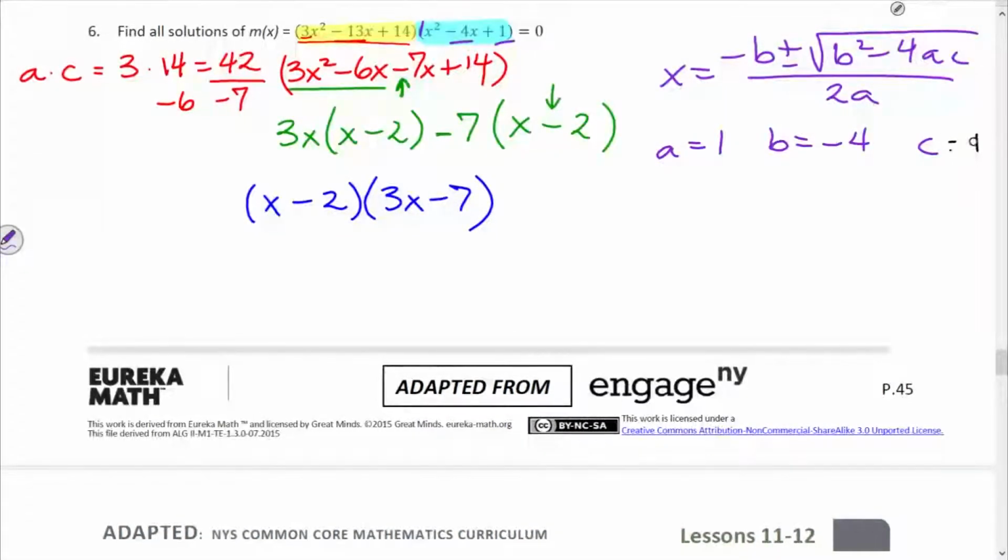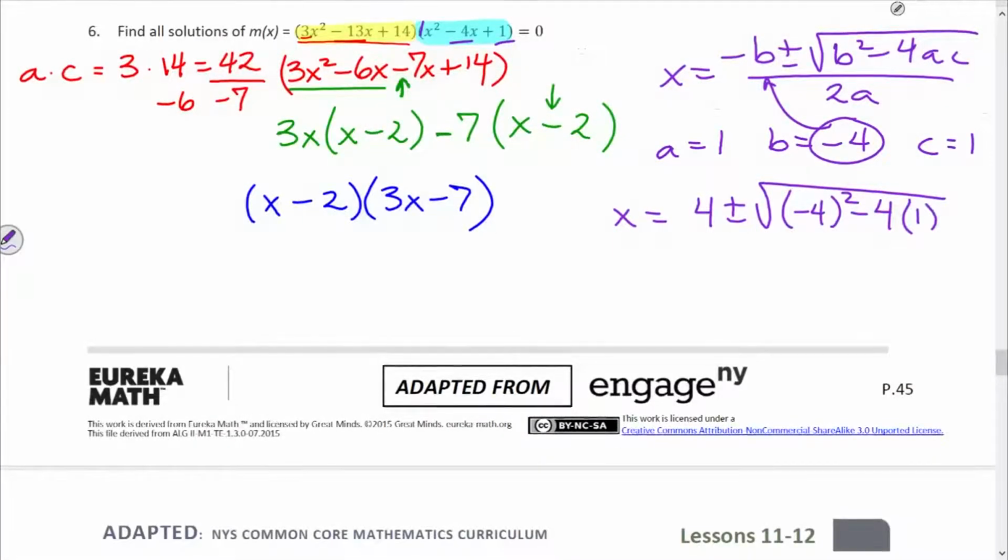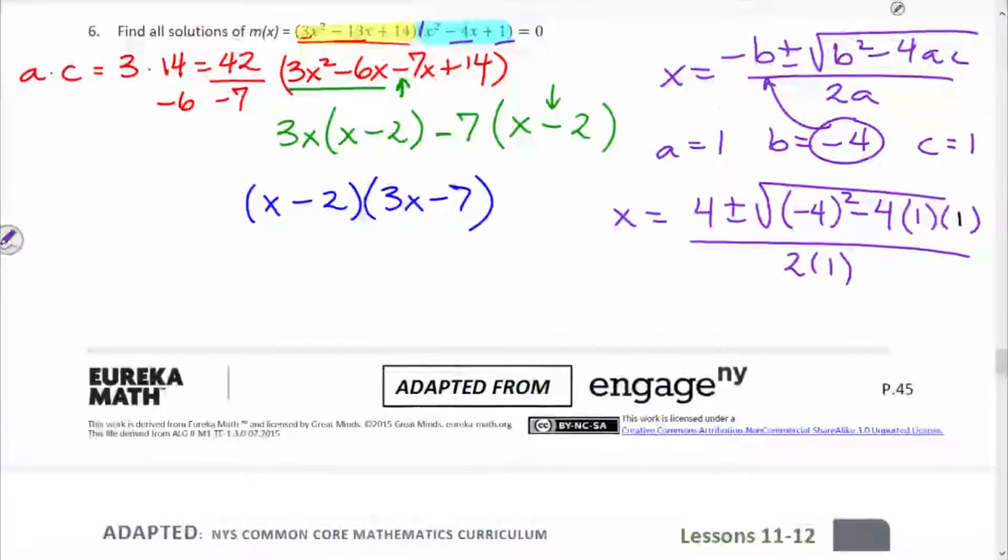I'll plug those numbers into the formula. So x equals negative b, so it's negative negative 4, which is positive 4, plus or minus the square root of negative 4 squared minus 4 times a times c, all over 2 times a. That's a lot, but plugging a, b, and c in and simplifying.